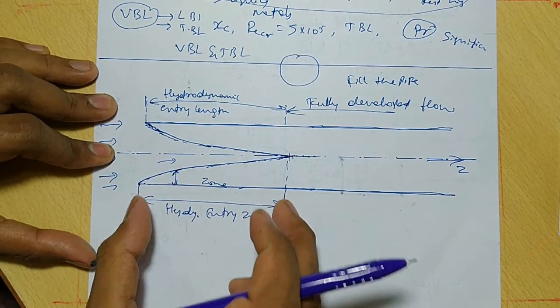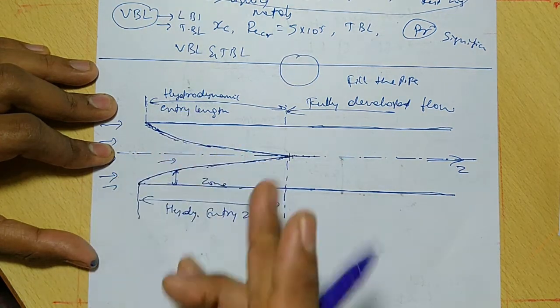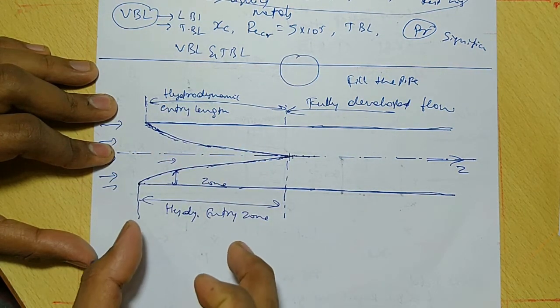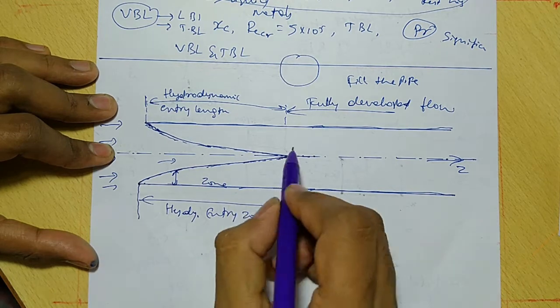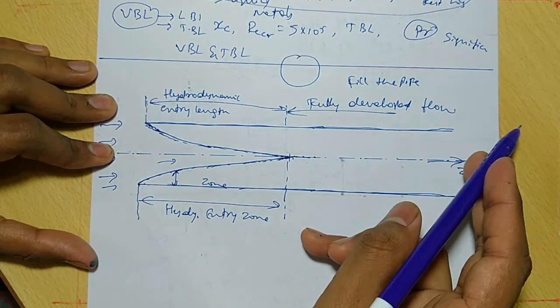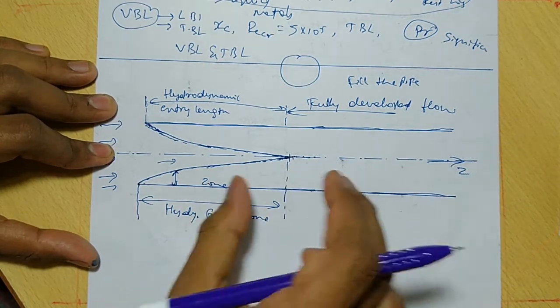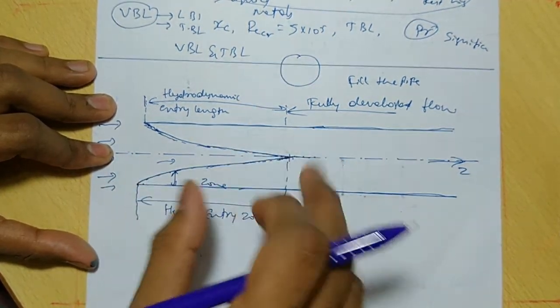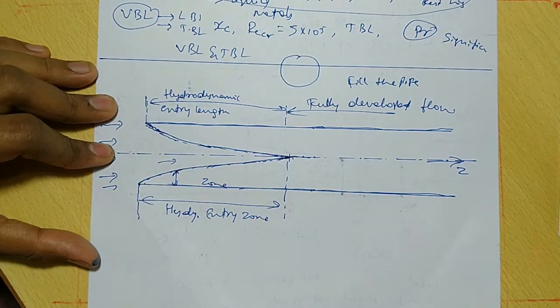This length is the hydrodynamic entry length, and the zone is the hydrodynamic entry zone. After this point, it is called the fully developed flow, once the boundary layer fills completely inside the duct.